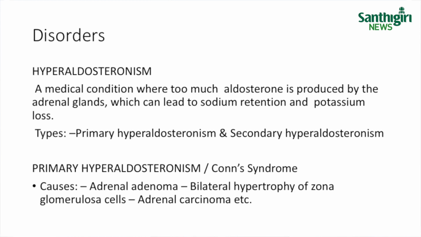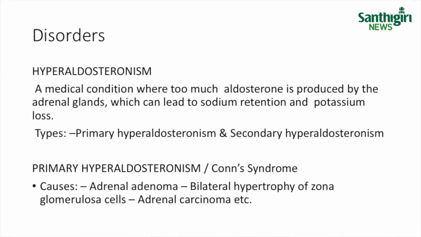So, usually it is divided into two as primary hyperaldosteronism and secondary hyperaldosteronism. I hope you remember the primary secondary differentiation. Primary hyperaldosteronism means when the defect is with adrenal cortex or zona glomerulosa. So the defect is in the primary organ, that is adrenal gland. That is why it is called primary hyperaldosteronism.